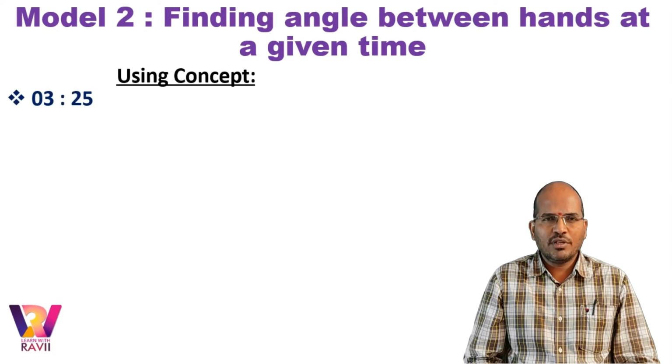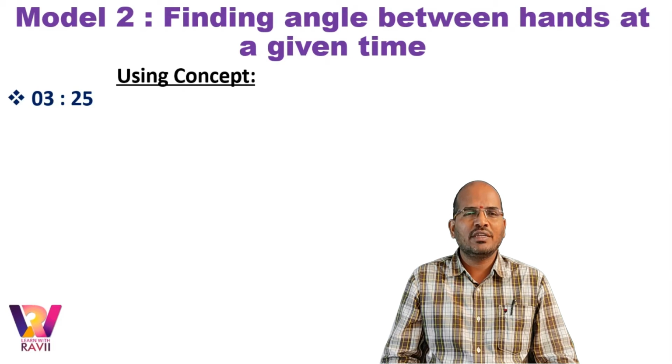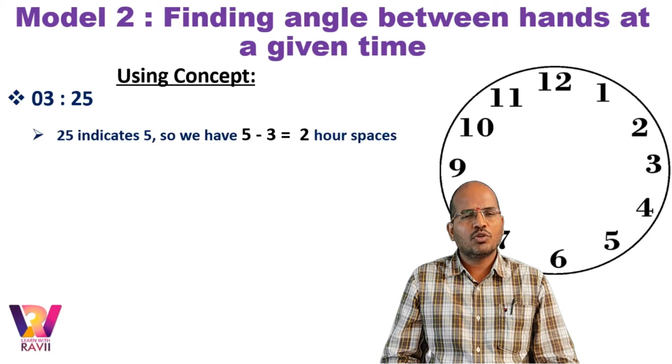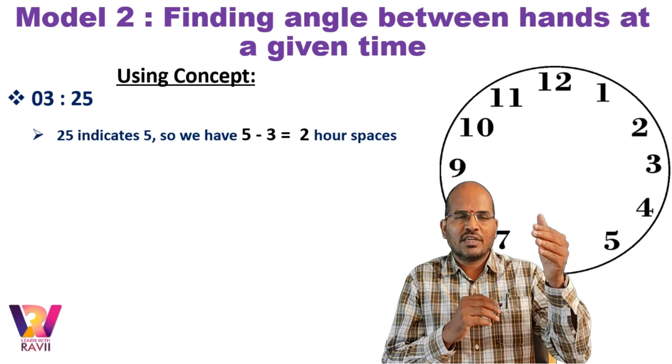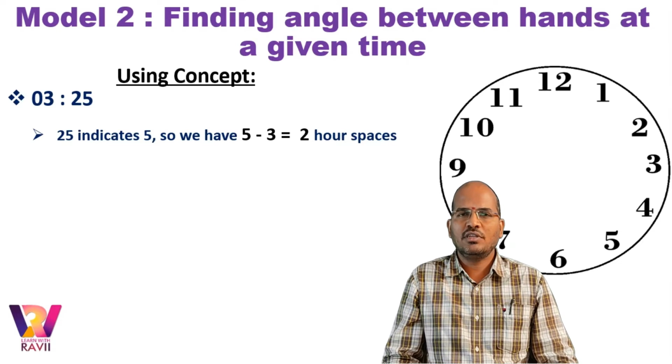Now, if the time is 3:25, isn't it? If the time given is 3:25, 25 minutes indicates that the minutes hand will be at 5, isn't it? So 25 indicates 5. So in between the hours hand at 3 and the minutes hand at 5, we have 2 hour spaces, isn't it?